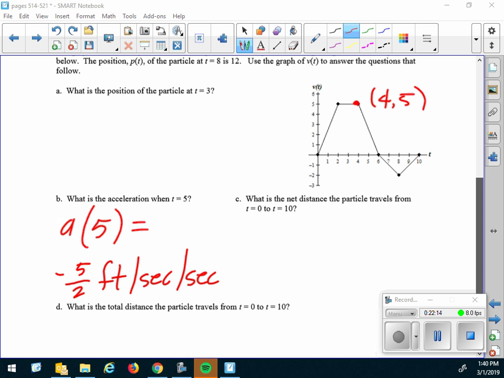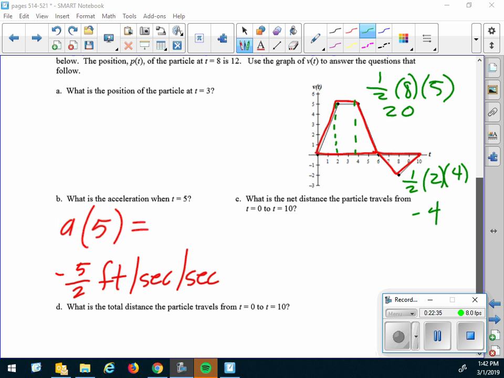And I'm going from 0 to 10. So that means I need all of that and all of this, right? You can either do that thing as a trapezoid or 2 triangles and a rectangle. I'm going to pause this while I figure them out. I think I got it this time.